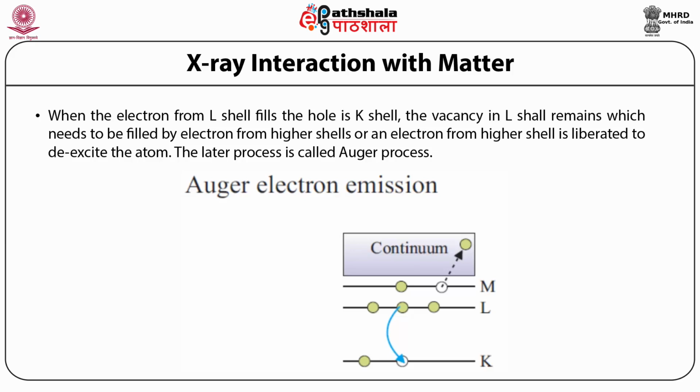So in the process of de-excitation, in place of a photon, an electron is emitted from a higher shell. That is Auger electron emission. Basically, fluorescence emission and Auger electron emission are two de-excitation processes. In fluorescence, it is the photon which is emitted, and in Auger electron emission, it is the electron which takes up this energy and is emitted out of the shell.